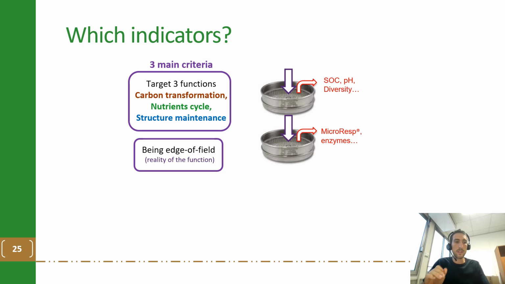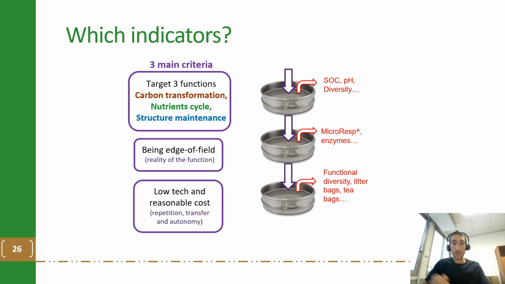This condition was set in order to get as close as possible to the actual functioning of the soil. All laboratory measurements, such as MicroResp to measure basal soil respiration in the laboratory, or measurement of enzymatic activity, etc., were excluded from the selection, as they do not respect the reality of the function in the field.